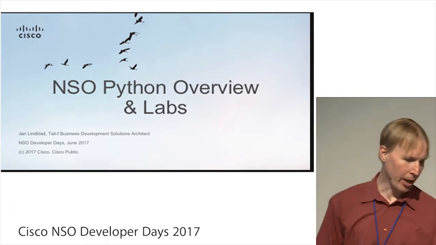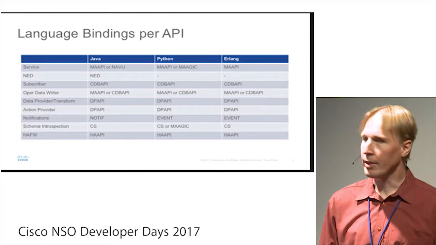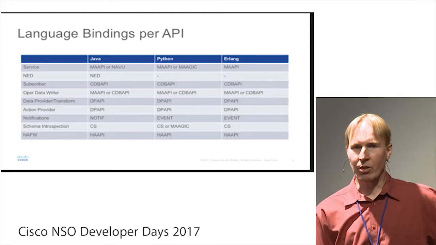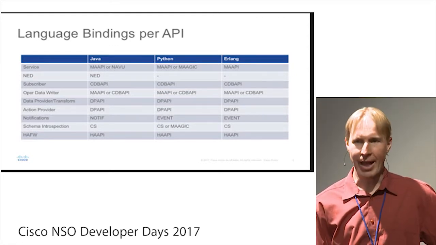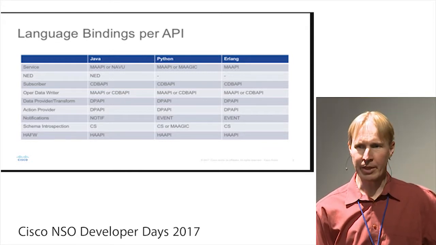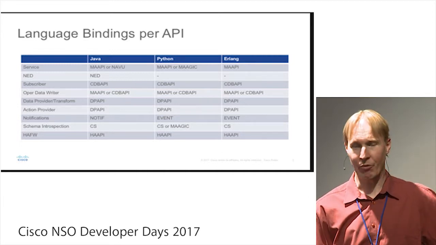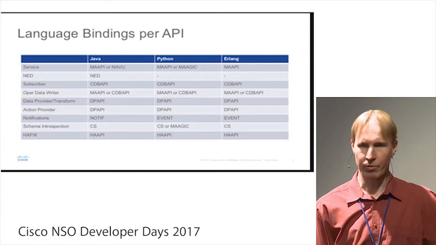Okay, so let's first compare the Python bindings in NSO. Python is the most recent addition of languages that we have integrated with NSO. So it's only been here for around a year. So a lot of people have implemented stuff already, but in Java, because that was what we had from the beginning.